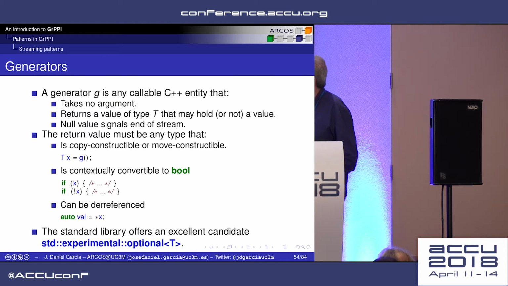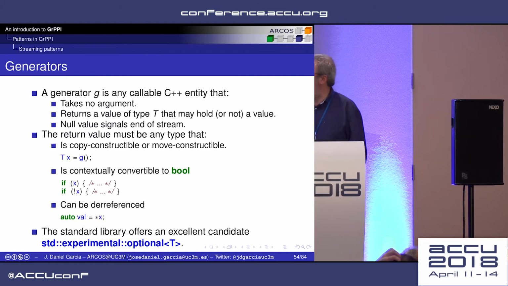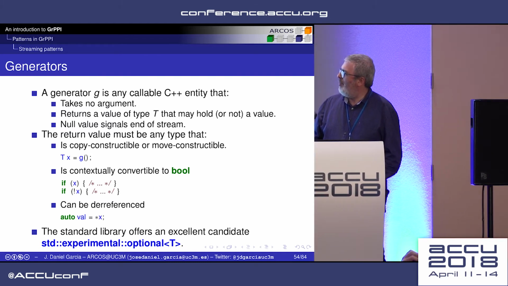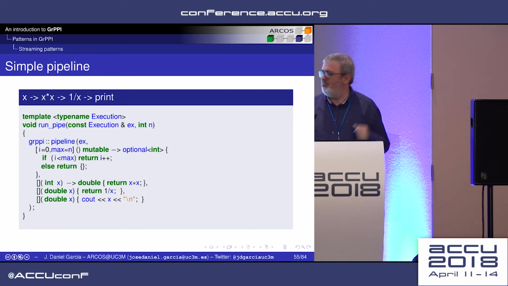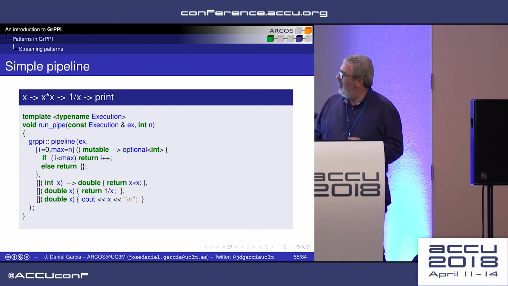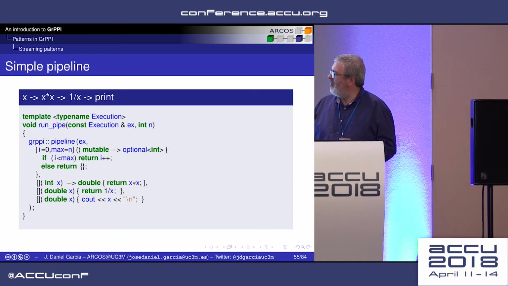Okay, here you have a pipeline. If I want to run a pipeline, I call pipeline with some execution policy, and I just put a number of lambdas. That's all. The only thing I need is that the first one returns something that is optional-like, and then we need to have matching. So if this returns an optional of int, the second function will take an int. If this function returns a double, this function takes a double.